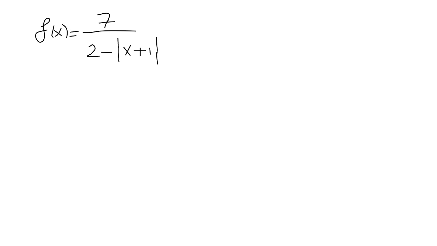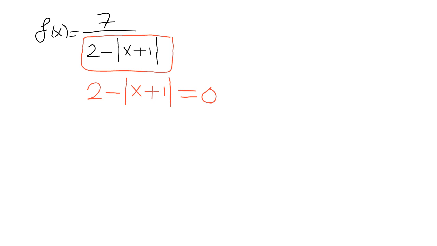So you have to solve the denominator equals 0. Move this to the other side to be positive, right? Yes. Equals 2. So we have absolute value of x plus 1 equals 2.